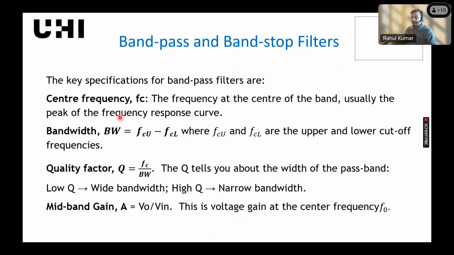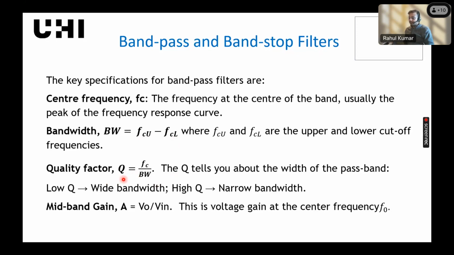So in a band pass filter, we need the frequency where we get the maximum gain, and that is your central frequency. We also need the bandwidth, which is the difference between the upper and the lower frequencies, right?